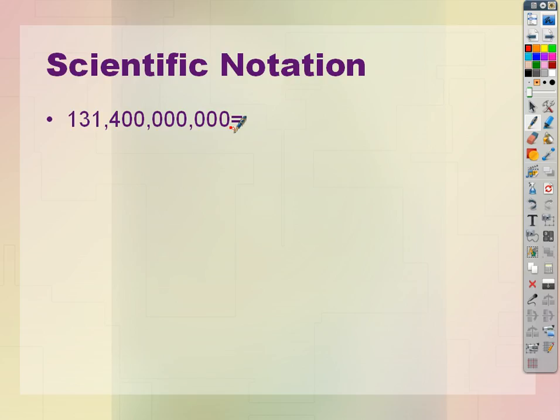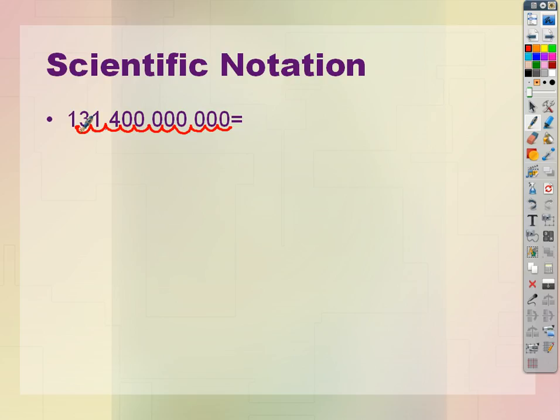Tell me when to stop with the decimal. 1, 2, 3, 4, 5, 6, 7, 8, 9, 10. Stop right there, right? 1.31 fits the bill. That's greater than or equal to 1 and less than 10. So was that 11? Yeah, 11.